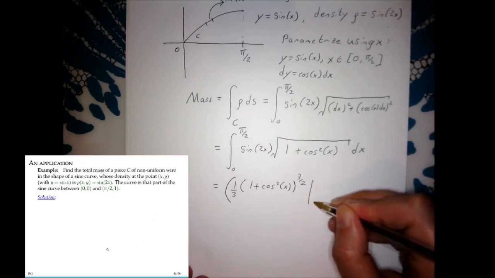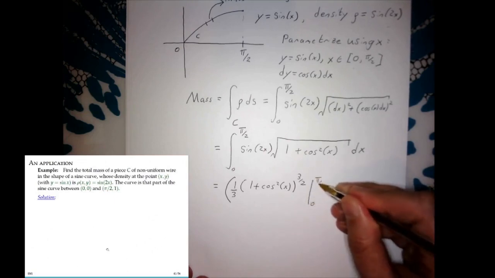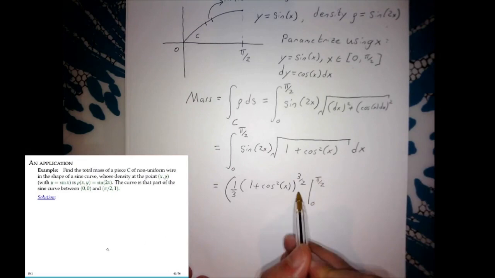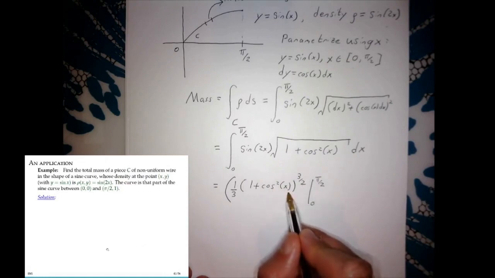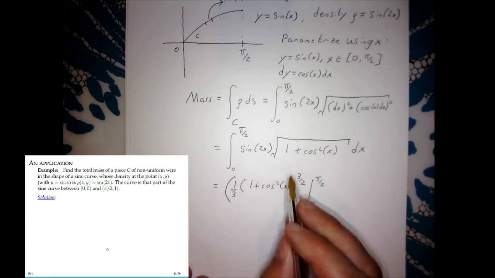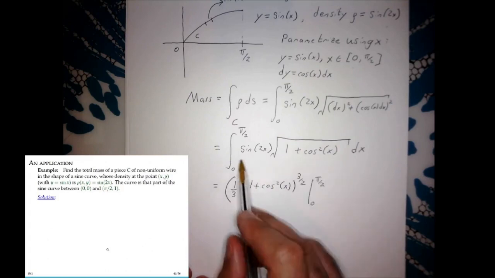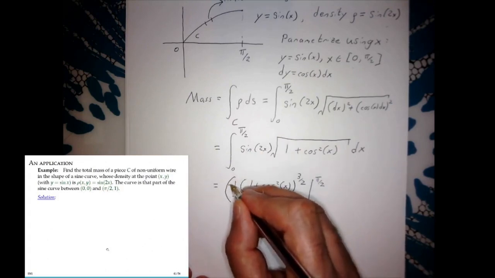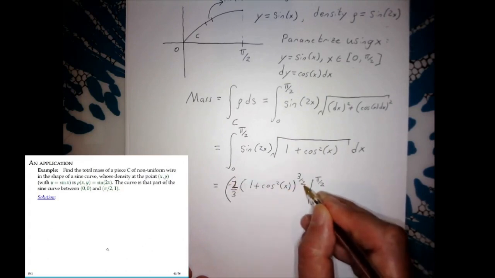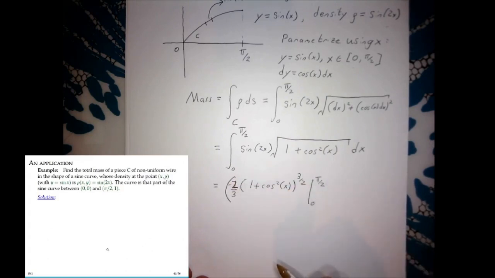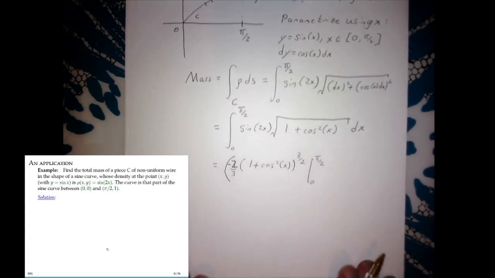And this is evaluated from 0 to pi over 2. When I first wrote this down, I also forgot that we have to counteract the 2 here. When we differentiate cosine squared, we get negative 2 cosine times sine, which is negative sine of 2x. So we need a negative sign actually and a 2 in order to counteract the 1/2 in the exponent. Okay, so this is the indefinite integral.